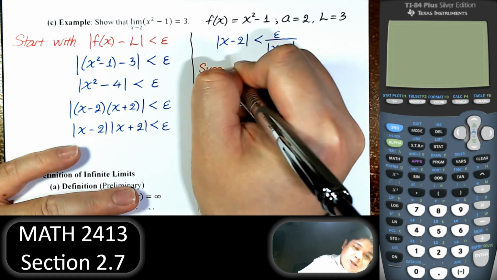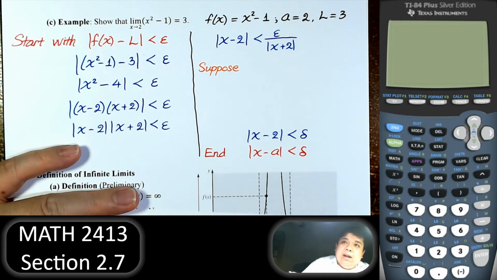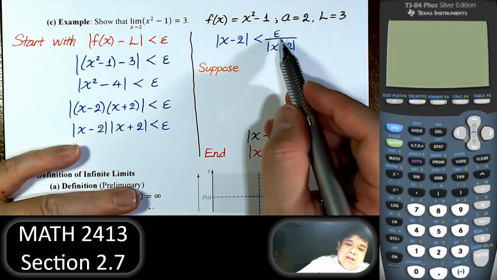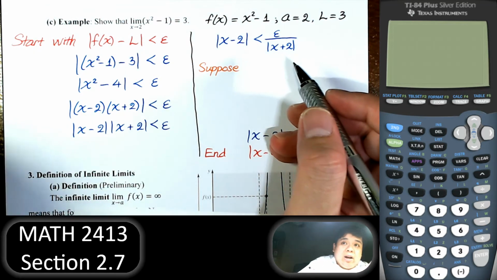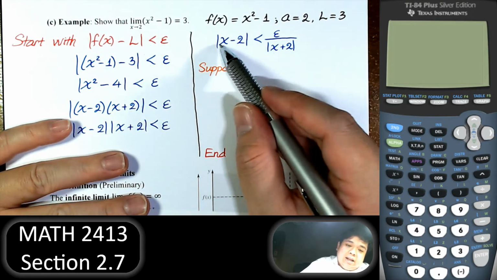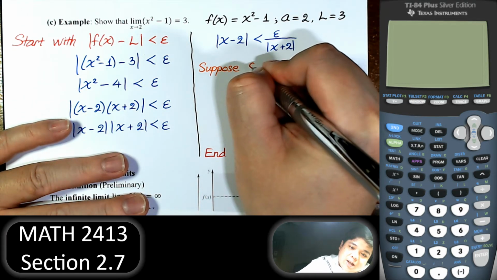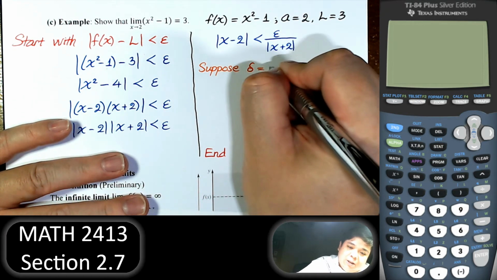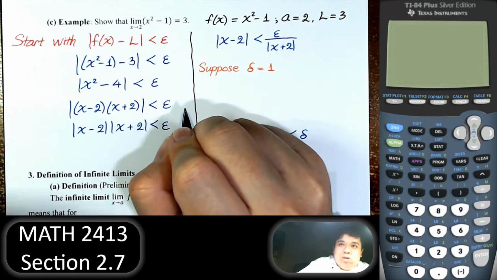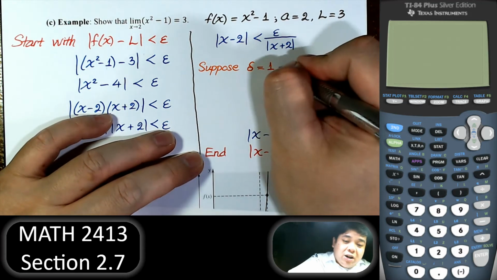So suppose that, I mean, I'm not choosing epsilon to be 1. I'm choosing, suppose that x minus 2, suppose delta is equal to 1. Just bear with me for a moment. Now, if delta is equal to 1, what do we mean by that?